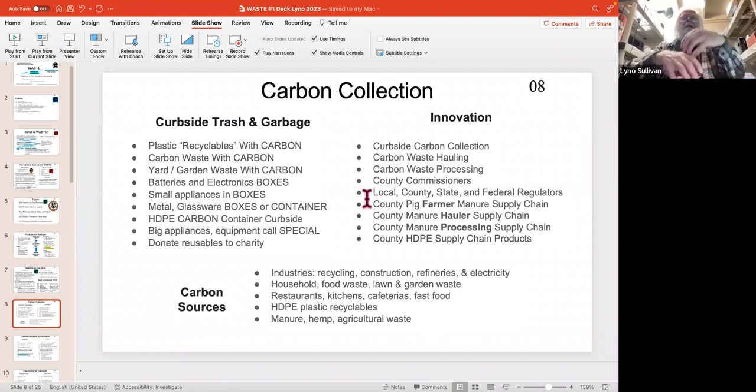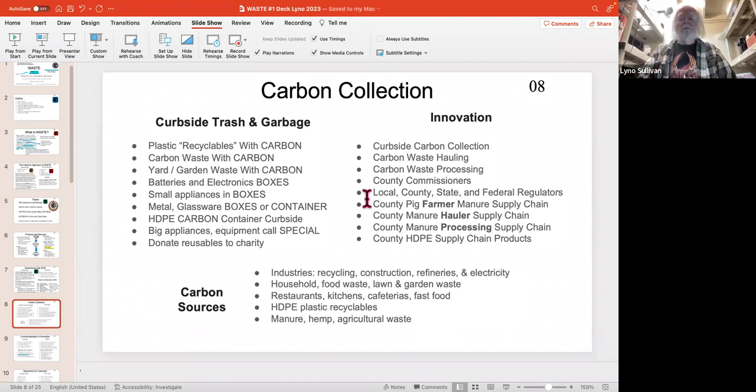So we're collecting all of the carbon, and then we separate out batteries and electronics, small appliances, metal, glassware, big appliances, donations, because we're going after carbon. That's it. Keep metal to the minimum, because we don't want to have to start grinding metal into our ash, unless we want to, I guess. So that's kind of the equation.